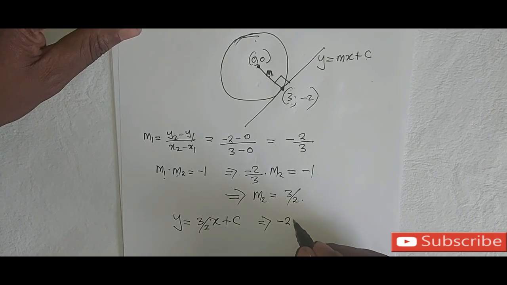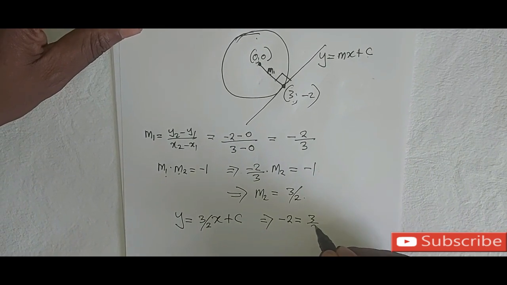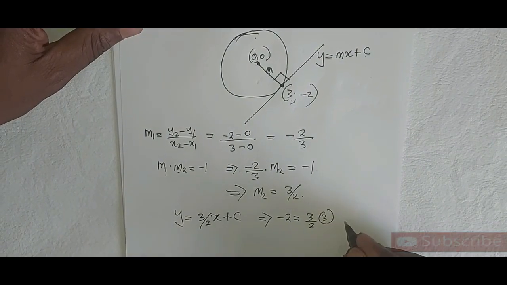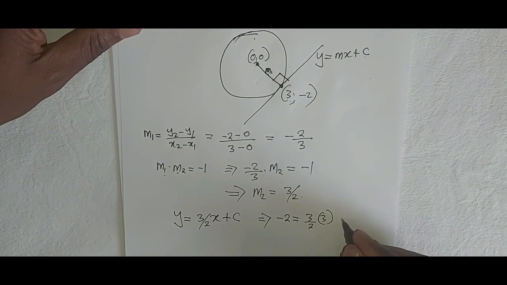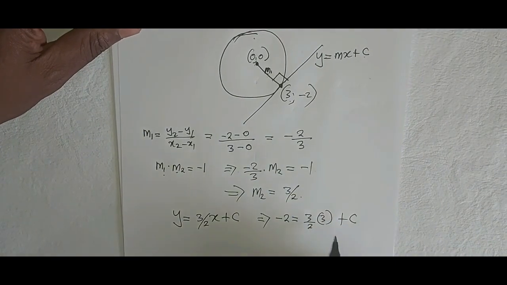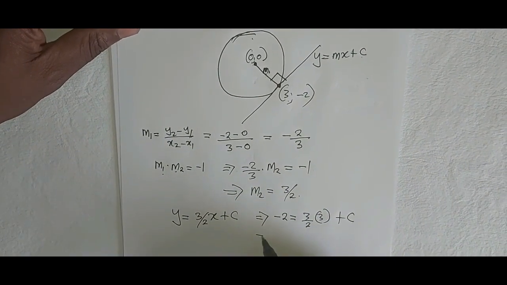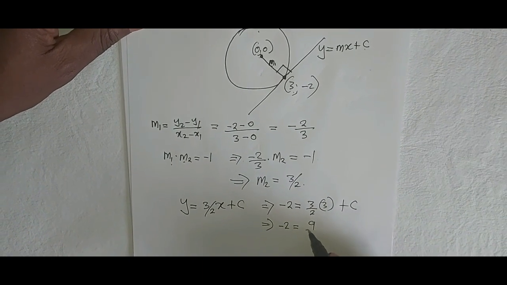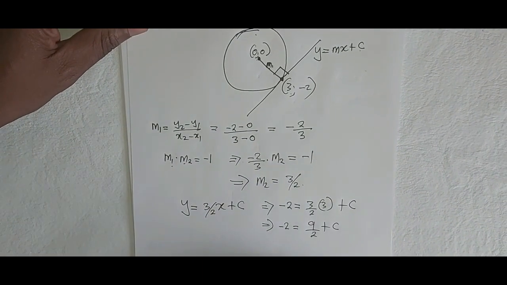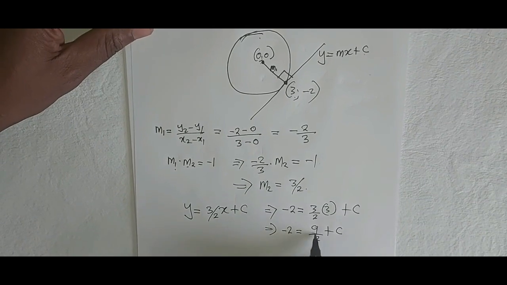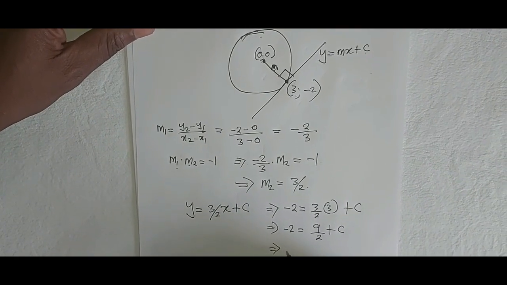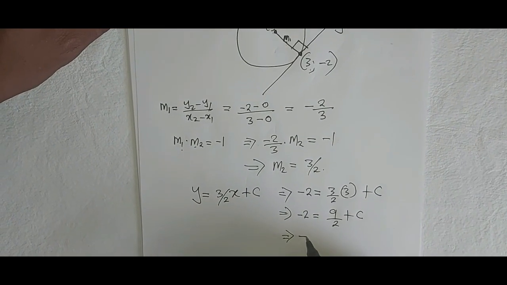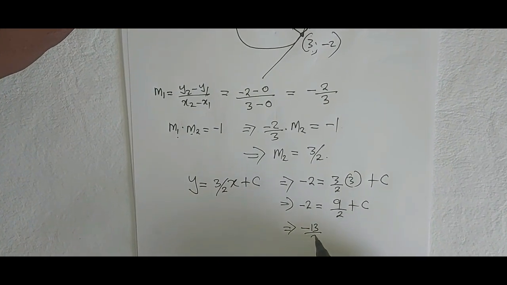That is to say, -2 equals 3 over 2 times 3, plus c. Solving, -2 equals 9 over 2 plus c. -2 minus 9 over 2 gives minus 13 over 2, which equals c.